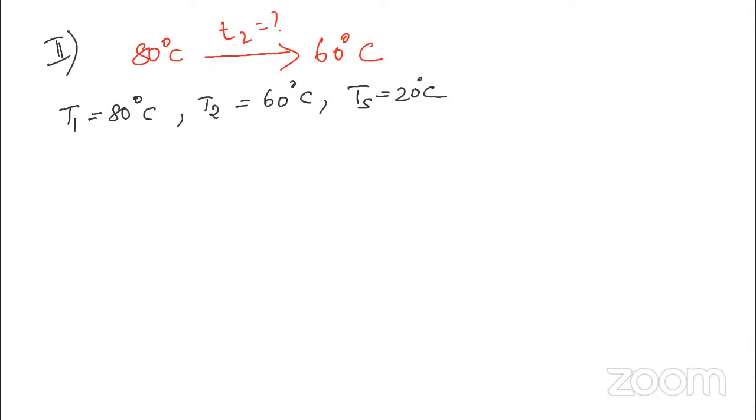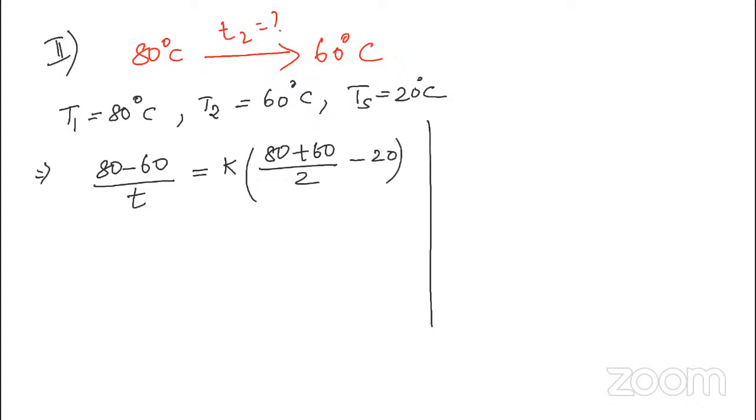Let us substitute directly in the formula: 80 minus 60 divided by T is equal to k into (80 plus 60) by 2 minus 20.